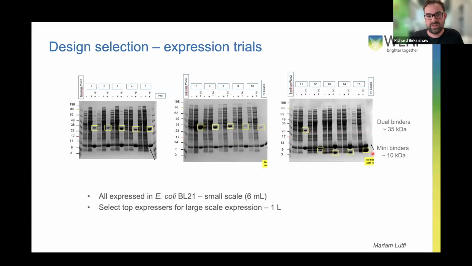So from these, we wanted to simplify our process. So we took the designs that looked like they were expressing the best and took them to 1 liter expression. From this, we selected 2 mini binders, and I believe it was 6 dual binders.